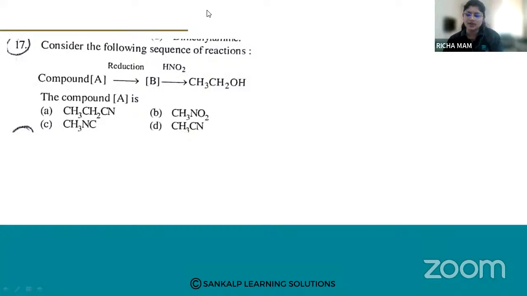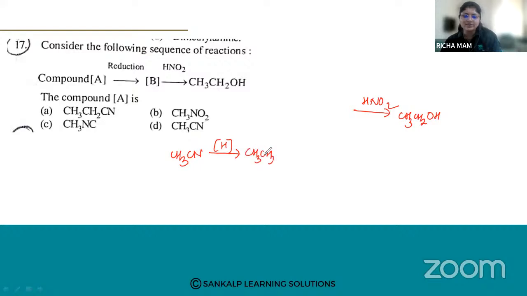Let us solve. So these are the options. You got the product as CH3CH2OH on treatment with HNO2. If I take a cyanide, CH3CN, and do reduction, I'll get CH3CH2NH2.